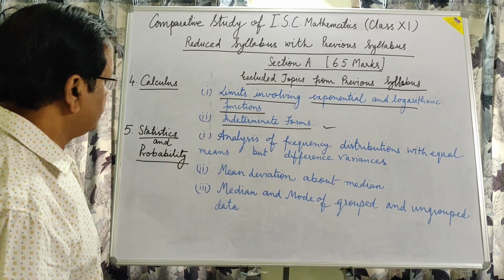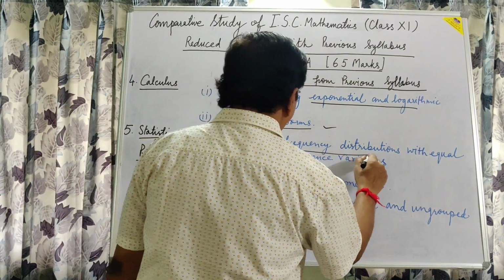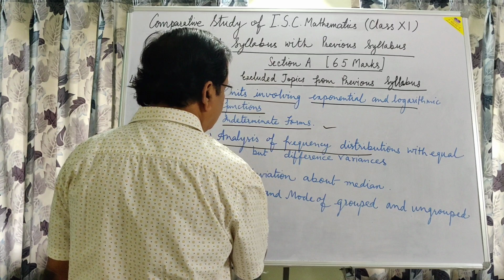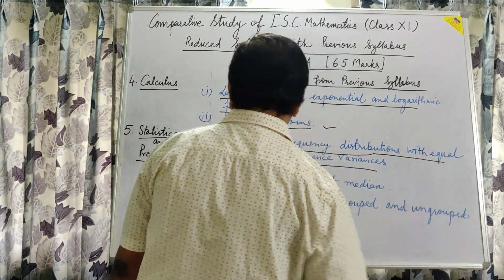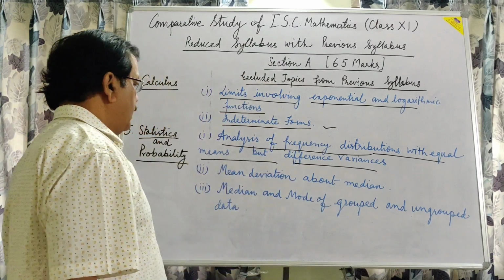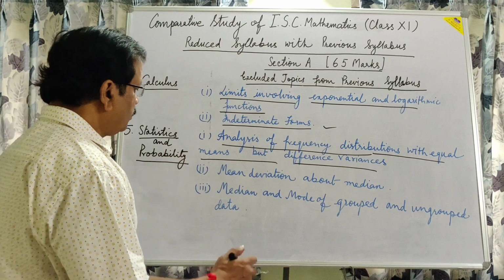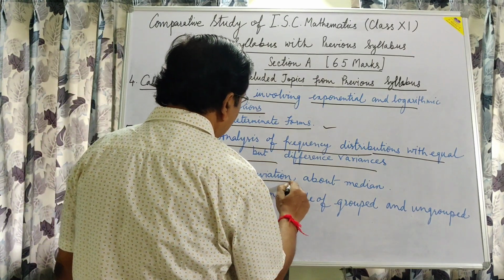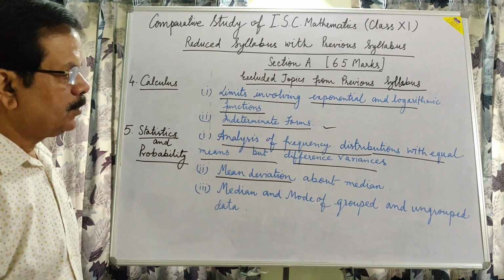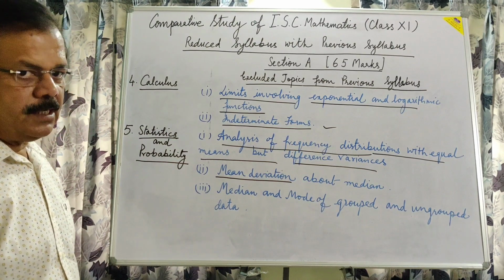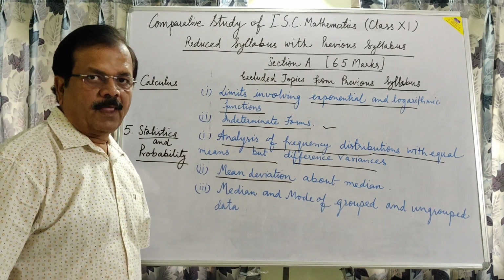In statistics, analysis of frequency distribution with equal means but different variances is excluded from the previous syllabus. Second subtopic, mean deviation about median, is excluded from the previous syllabus, though mean deviation about mean is still there in the current syllabus.